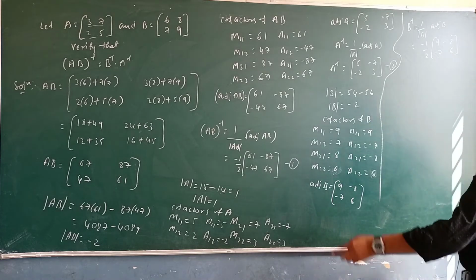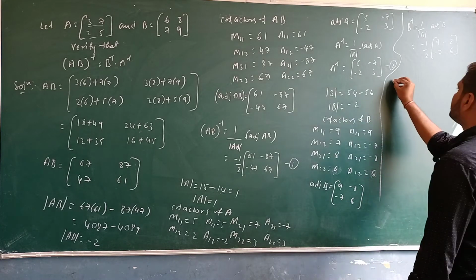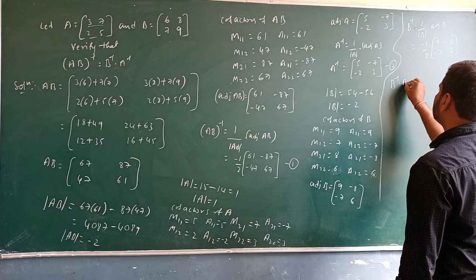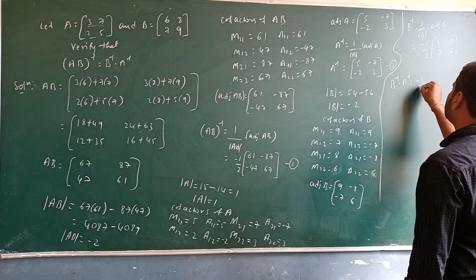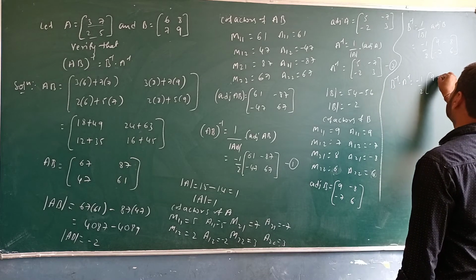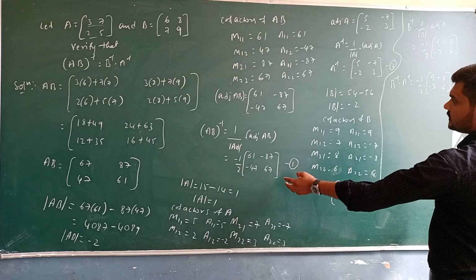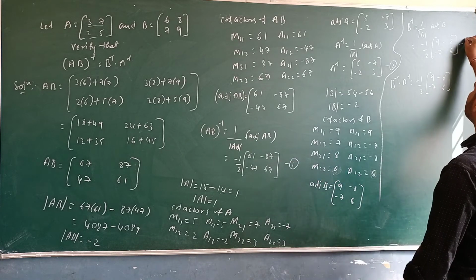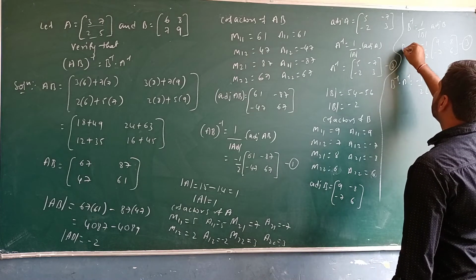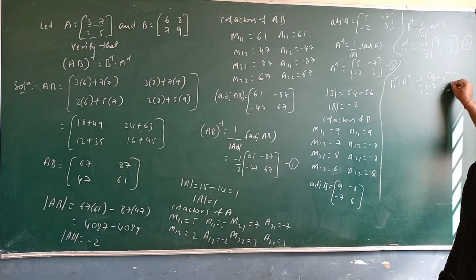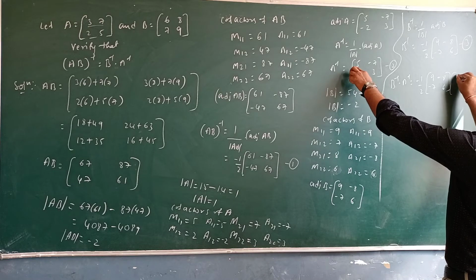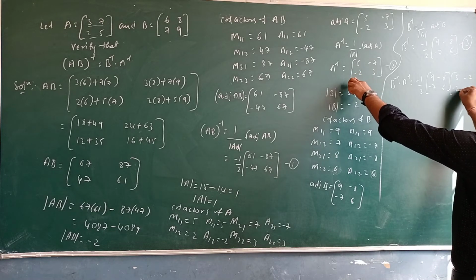So we need to find B inverse into A inverse. Okay, so B inverse into A inverse is equal to minus 1 divided by 2 into 9 minus 8 minus 7 6 into equation number 3. So this one 5 minus 7 minus 2 3.